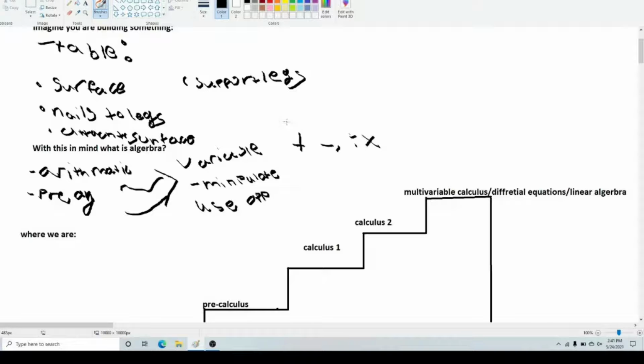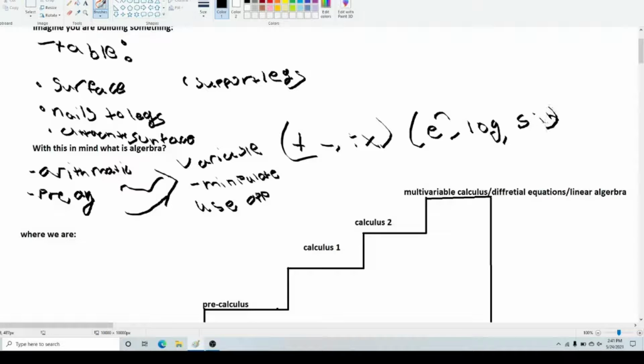So our 4 basic operations, or we apply some new ones that we learn throughout algebra, such as the exponential, e to a power, or the logarithmic, or even the trigonometric that we'll learn in geometry.